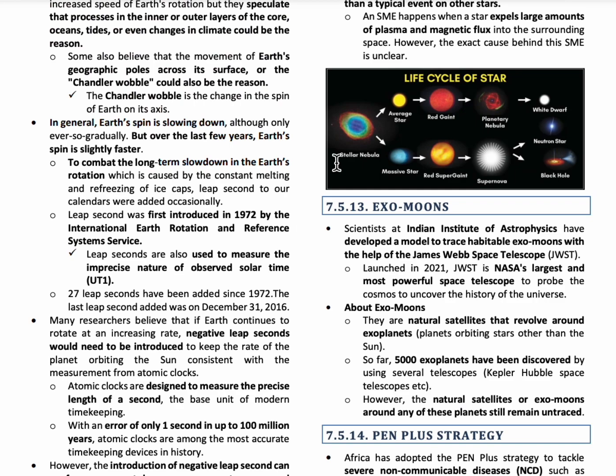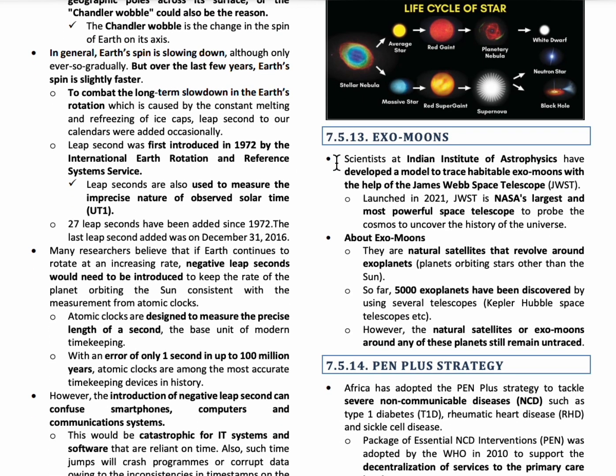The next topic is exoplanets, exomoons. So the planets which orbit around the stars other than sun are called exoplanets, and the natural satellites that revolve around the exoplanets are called exomoons.